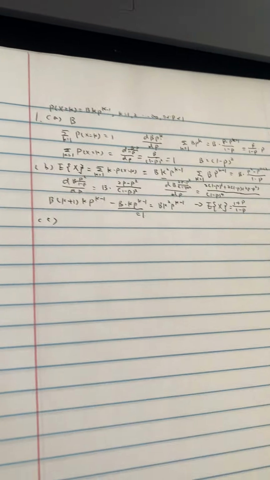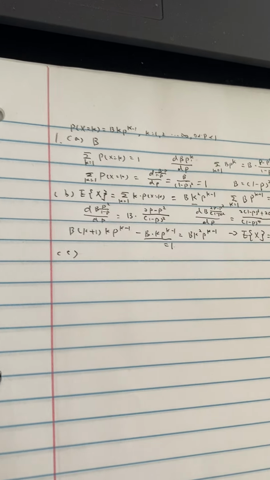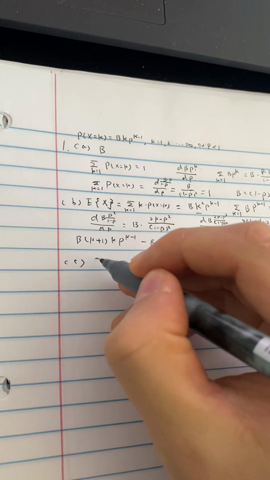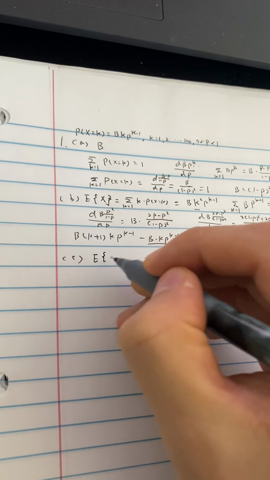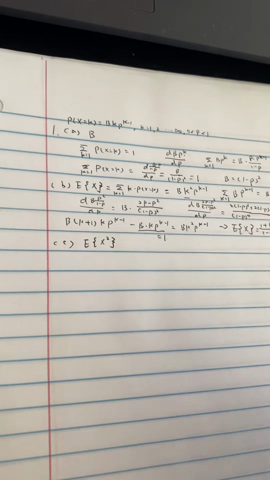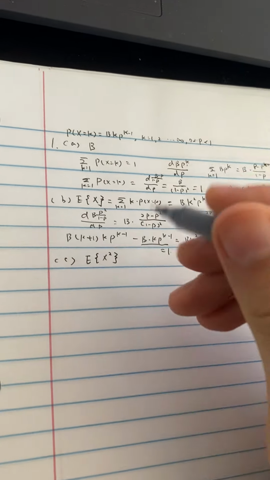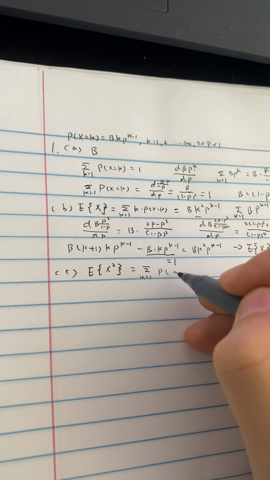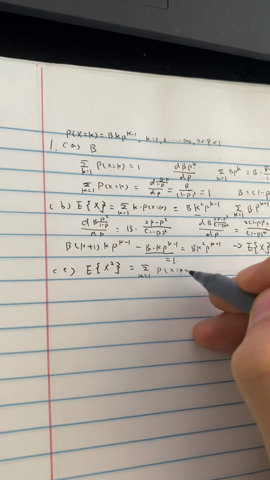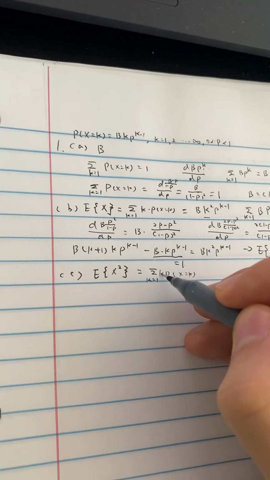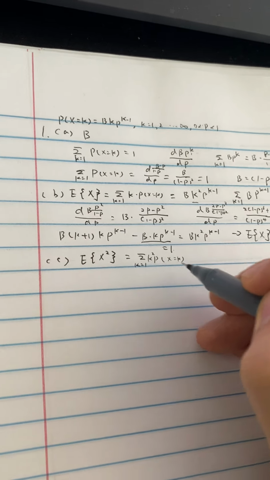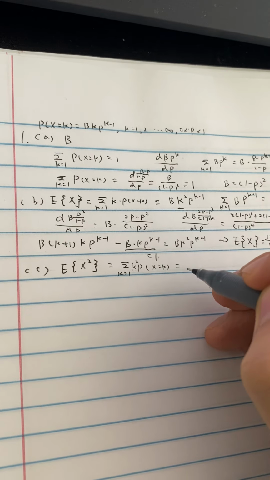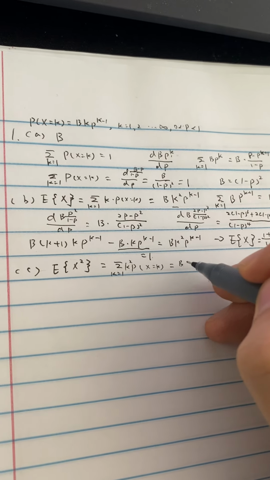Okay, question C. Question C is to find the mean of X squared, and this is equal to this. So we write another form.